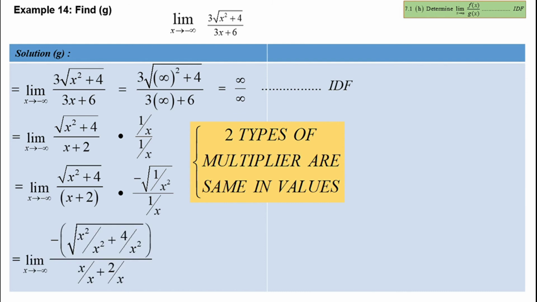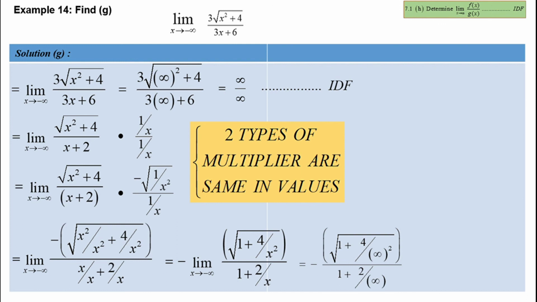For our function here, we can combine the product of the square root, like this. And, please keep the negative sign in front of the limit function. After that, we can substitute the value of x with infinity. And it is found that the result is 4 divided by infinity, and 2 divided by infinity.